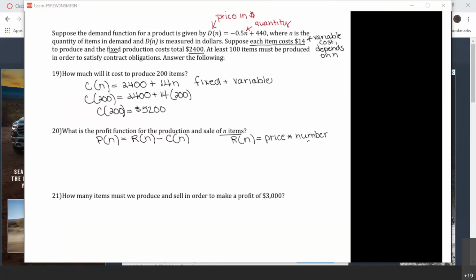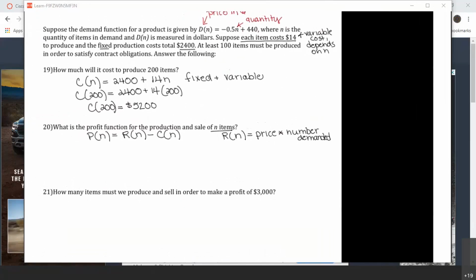You sell them for however many dollars each, okay? And then you've got so many of those that you want to sell, okay? So that would be your price function, which is d of n, negative 0.5 n plus 440. And the number demanded is just n.